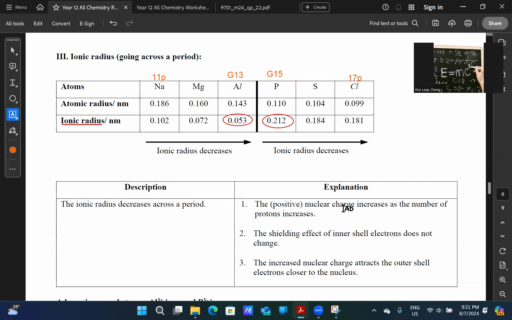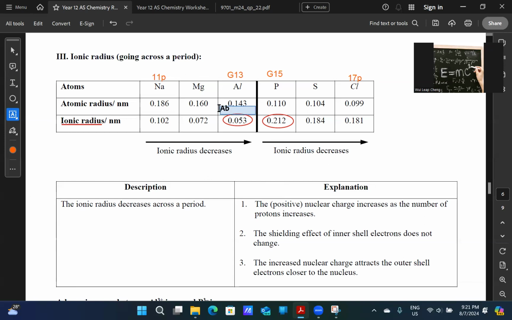So please take note. However, all these elements are from the same period. If they are from the same period, the number of inner shell electrons will be the same. That's why the shielding effect of inner shell electrons does not change, because all these elements are from the same period.